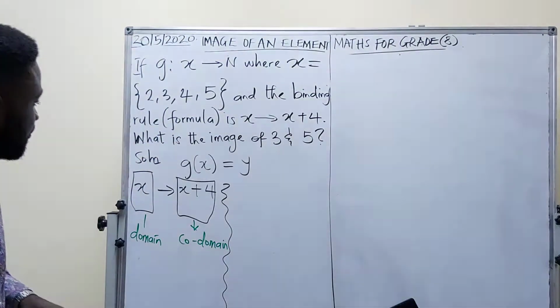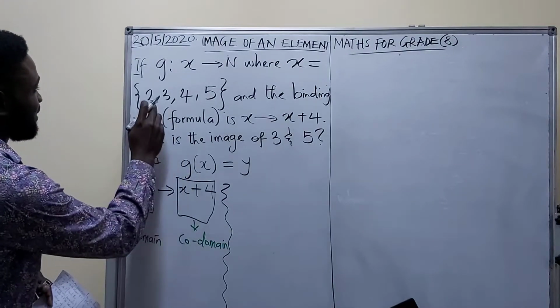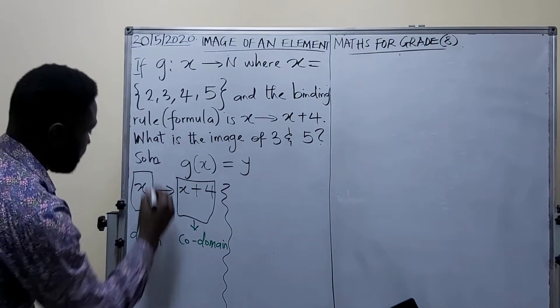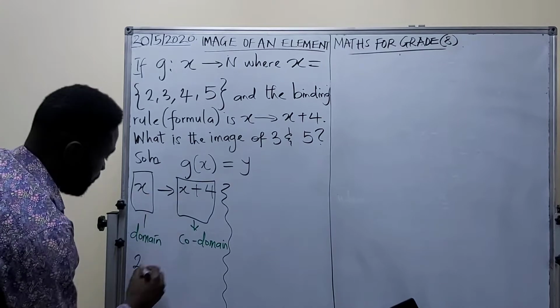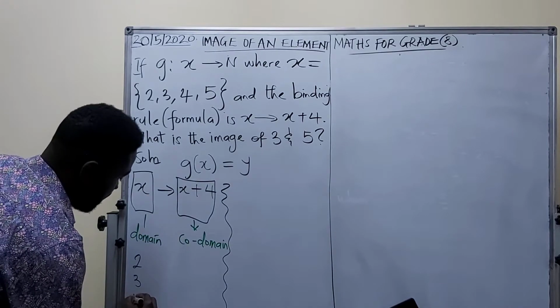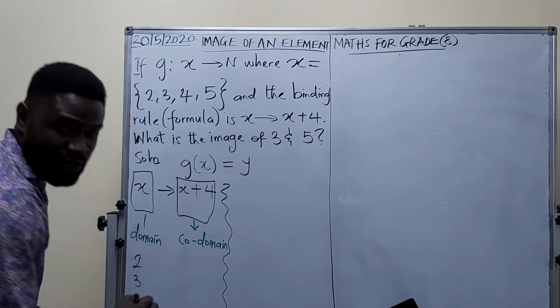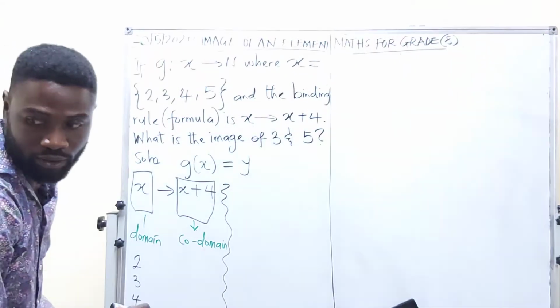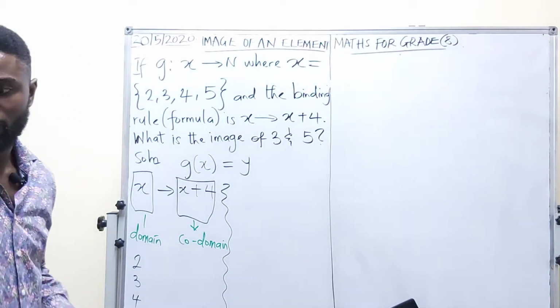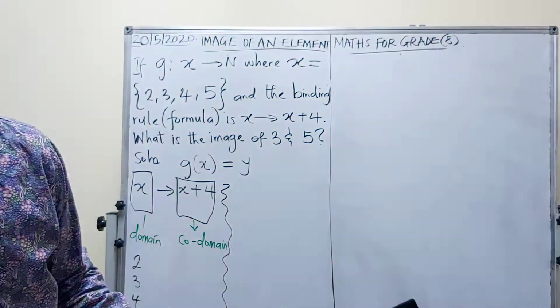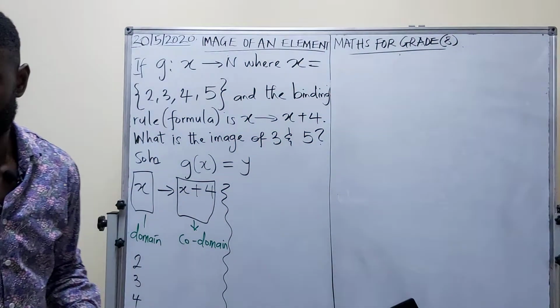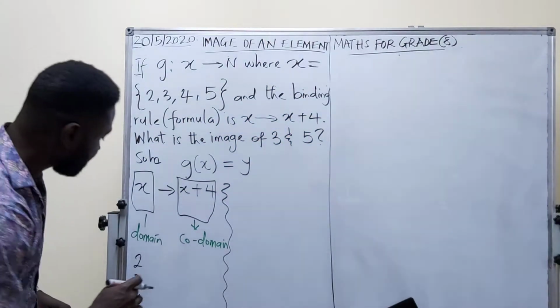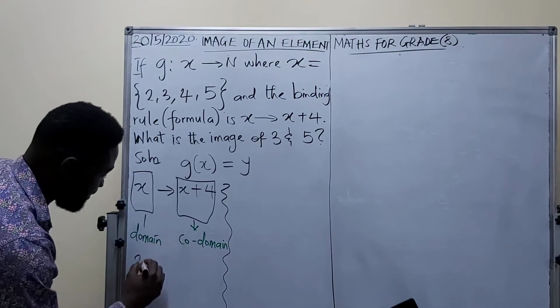Now, it means for X, we have what? 2, 3, 4, and 5. I hope you can all see from this part of the board. Okay? So it means for X, that is what we have. And this means this is the codomain.